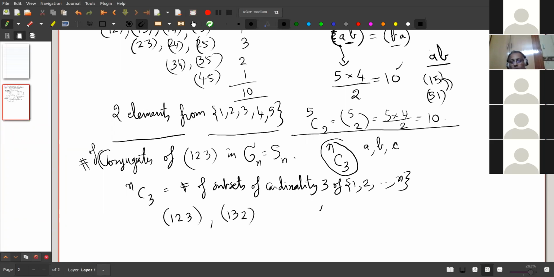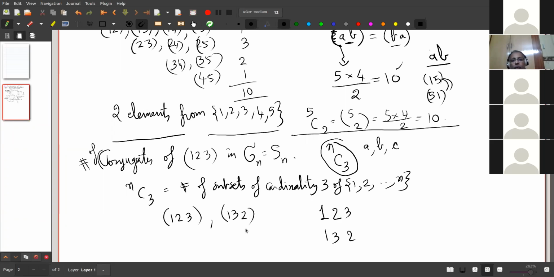Because you can always choose the first element to be 1. You can always write your cycle with 1 as the starting element. No problem at all. Right? The next element can be either 2 or 3. So you can have 1, 2 or 1, 3, and the third element is determined.